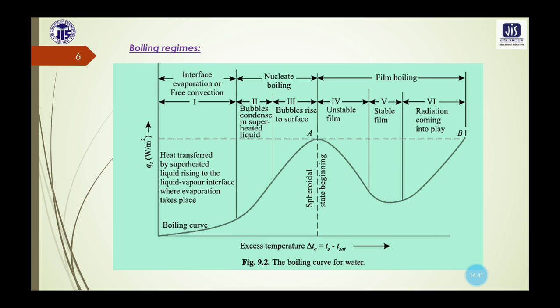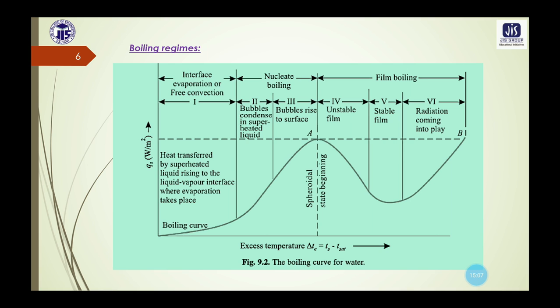Now here the excess temperature delta TE, which is Ts minus T saturated, that is T surface minus T saturated, is very small and almost equal to 5 degrees centigrade.